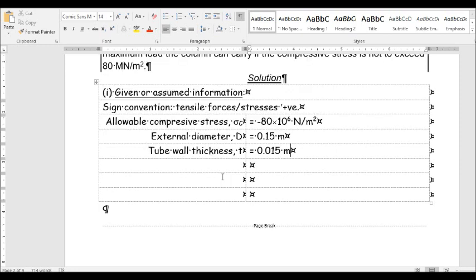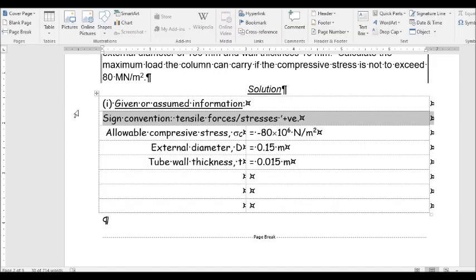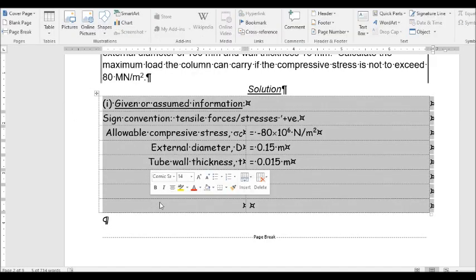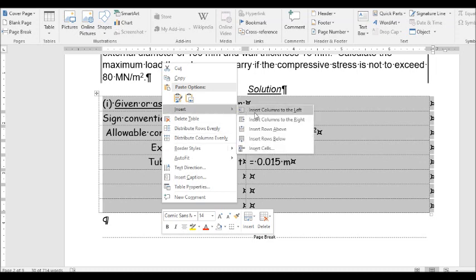What I always like to do, and I encourage students to do, is to now sketch the problem. I have a sketch already produced, and I'm going to insert this into my table. I'm going to add some more rows to my table, so highlight my table, right mouse click, insert rows below.